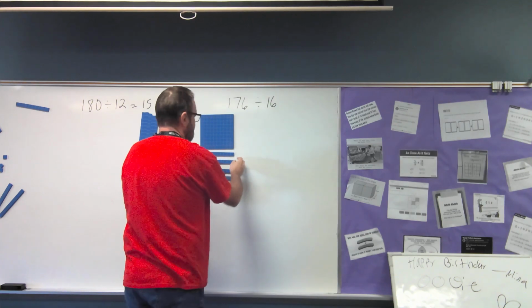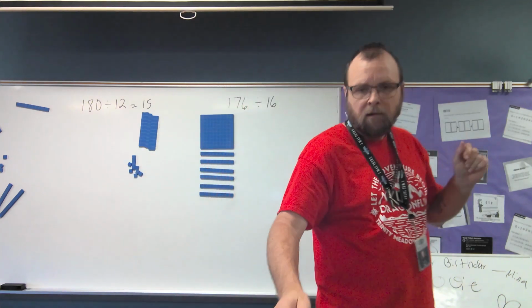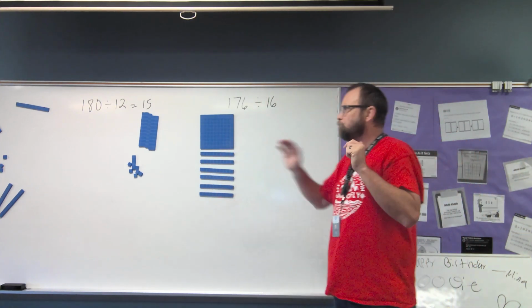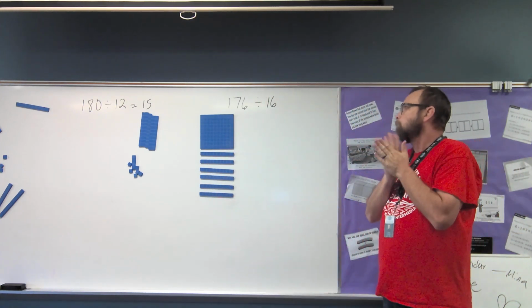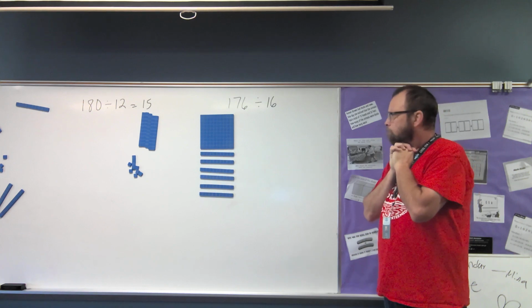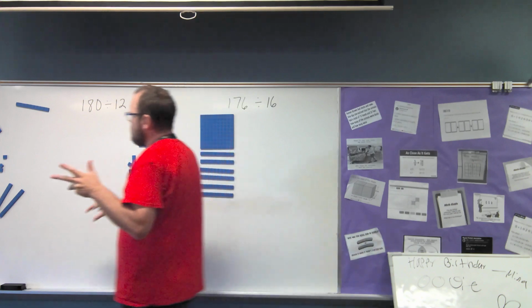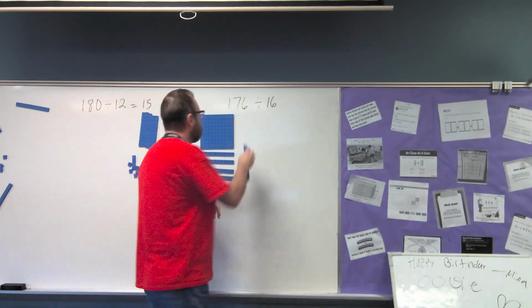So, Tristan, what do I have up here right now? 160. Okay, we're building each column one at a time.